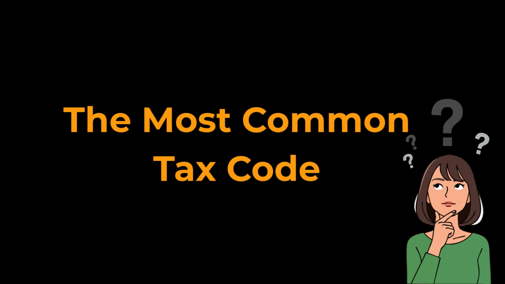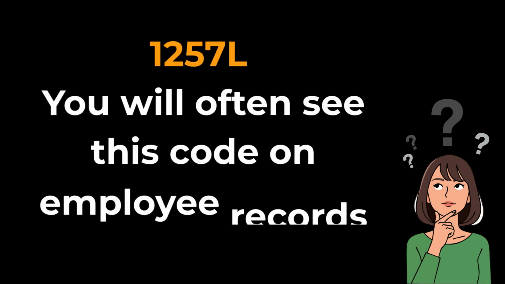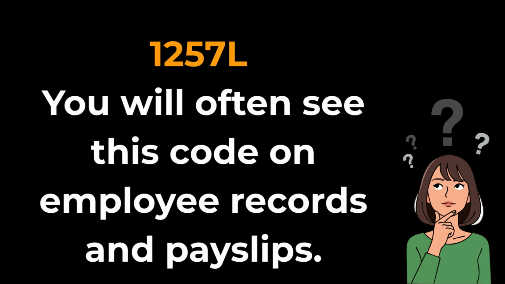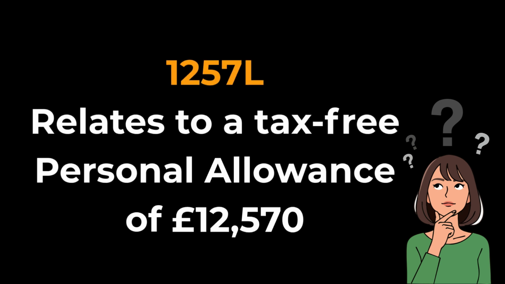One of the most common UK tax codes is 1257L. You will often see this code on employees' records and payslips. But what does it mean? The 1257 generally relates to a tax-free personal allowance of £12,570 for the year, for someone entitled to the standard allowance.